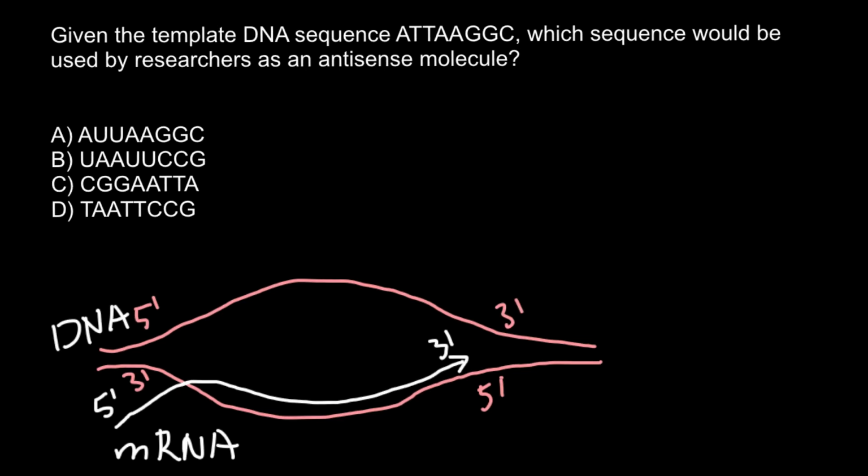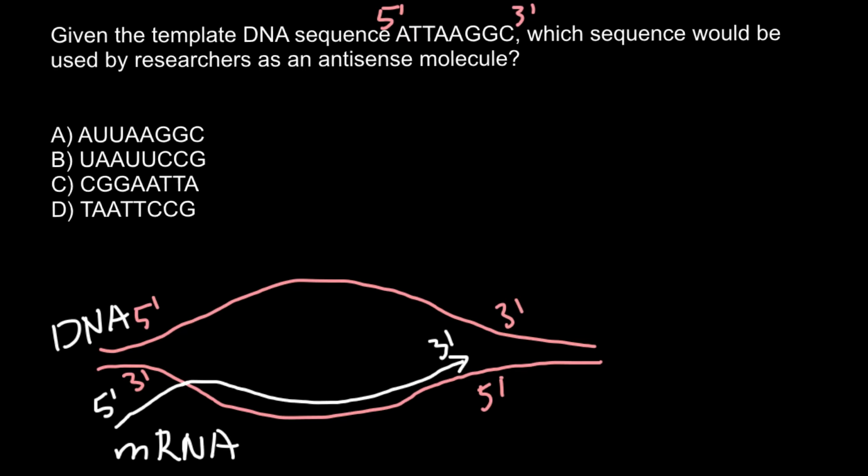And in our problem, as you see, we don't have 5' end or 3' end, but usually all the sequence is given in the 5' end to 3' end direction. So we do not see 5' or 3' end here, but we have to assume that 5' end has to be on the left side and 3' end has to be on the right side.